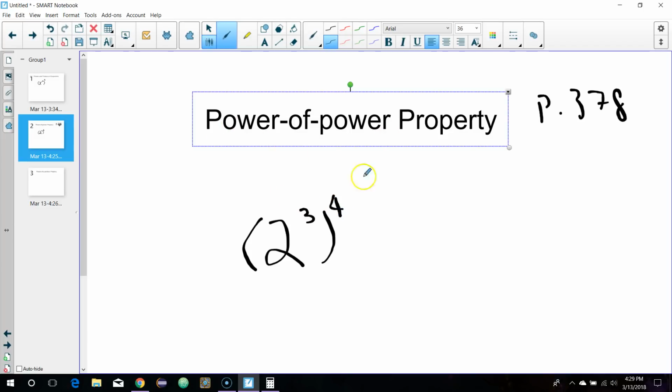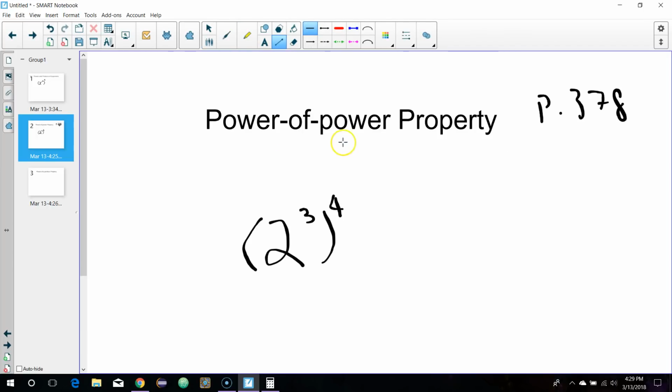So what the power of power means is a power of another power. I should have a better way to say it, I'm sorry. That's basically what it means, a power of another power.